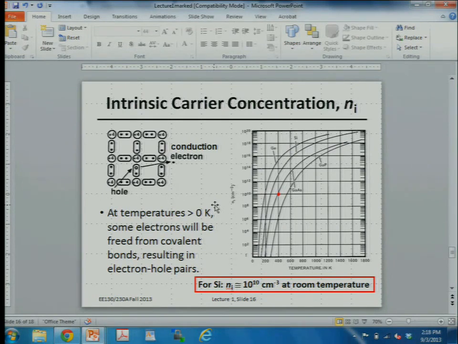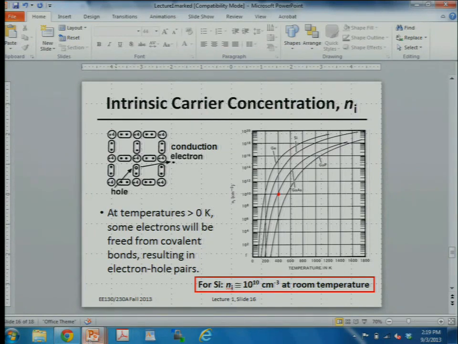Peng will show you in the discussion that if you change the temperature by, let's say, plus or minus 10%, the electron and hole concentrations change by much more than 10%. And that's what we mean by being a very sensitive function of temperature. If you change the temperature a little bit but the concentration changes a lot, we say that intrinsic carrier concentration is very sensitive to temperature.